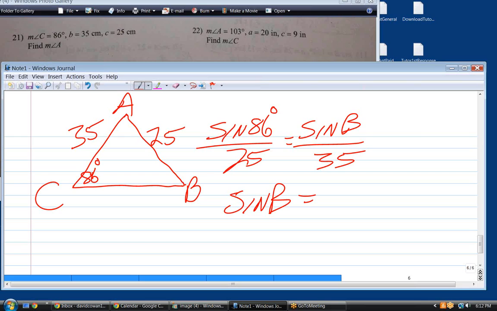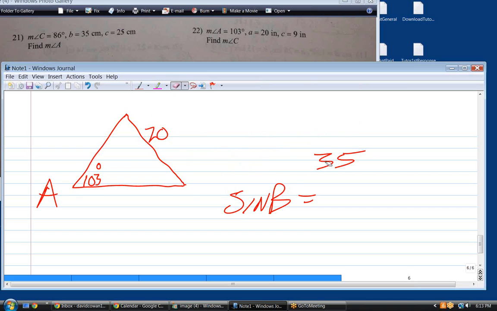Yeah, that's impossible. I can't believe that. And let's look at this one. 103 degrees. And again, I'm not worrying about drawing it to scale. And here it doesn't matter because it cannot be ambiguous. I don't even have to allow for that, so I can put C wherever I want and B wherever I want.